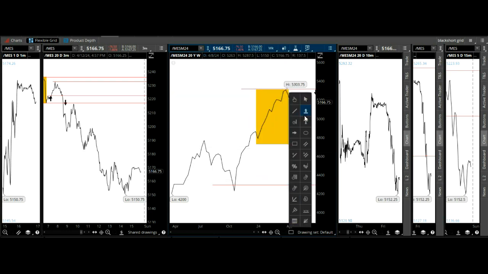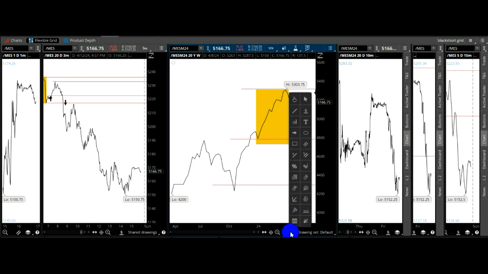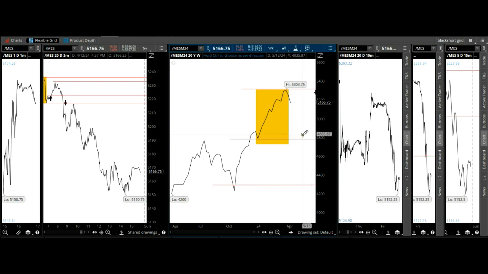So we're looking at a target of around 4,800 there, and going out into spring, summer, we're looking at 42 here. So we're looking here, breaking that, breaking that.